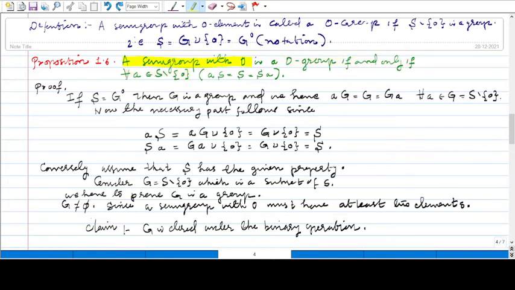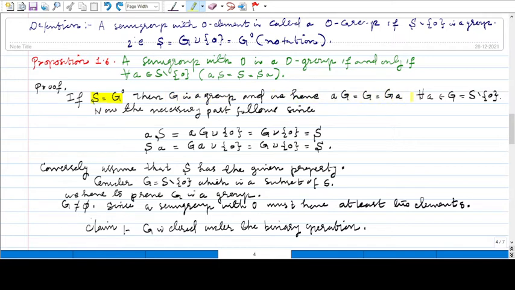You can prove that. First I am considering that S is a zero group, and whether we can show this property. If S is a zero group, then we know G is a group, and for a group, I have proved in the first section that AG equals G equals GA, right? For every A belonging to G, G is nothing but S difference 0.